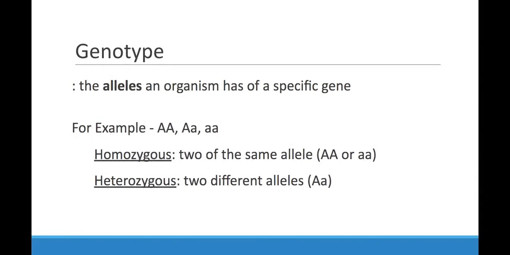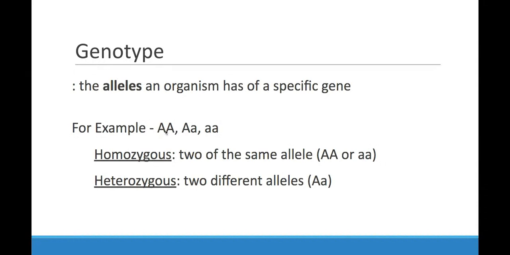Two more quick vocab words, and then we're all set with today's notes. The alleles an organism has for a specific gene is called the organism's genotype. And for each gene, we represent the alleles by using two letters. We use a capital letter for the dominant allele and a lowercase letter for the recessive allele.